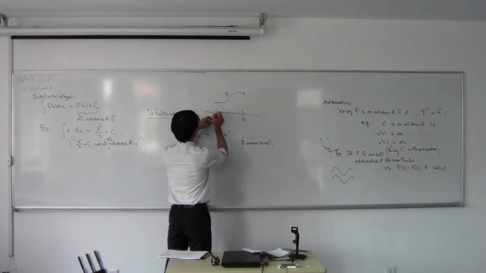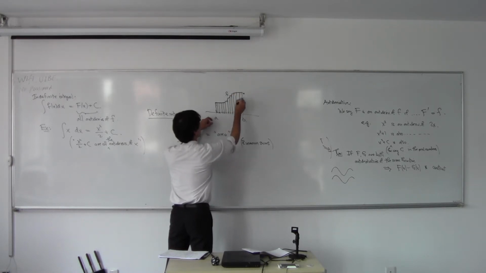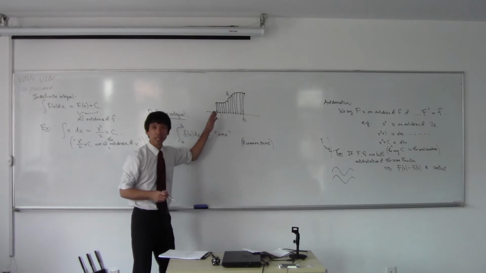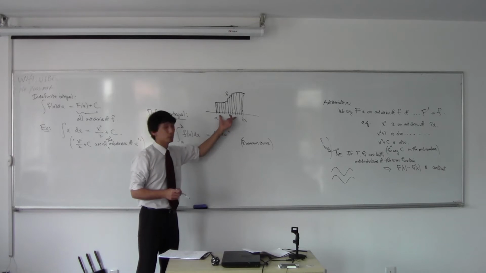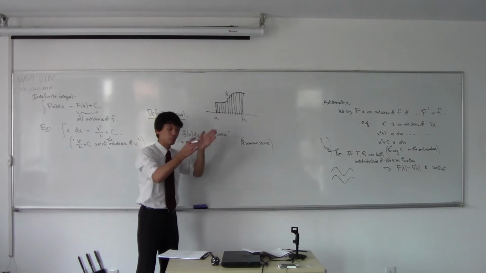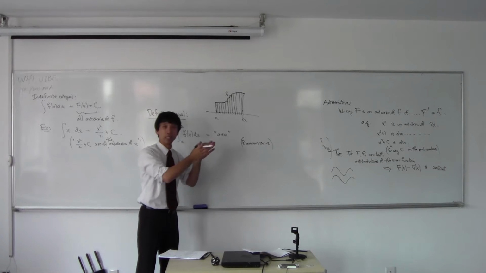You take the height there and multiply by the width of the base. Basically, you take a bunch of rectangles that approximate the area, and then you add them together, and then you take the limit as the partition becomes finer and finer.